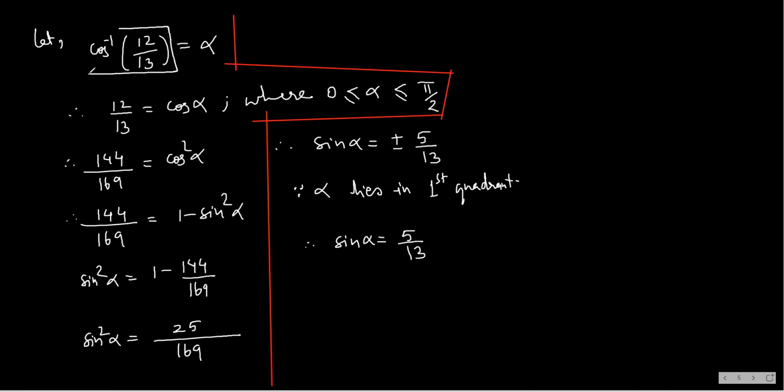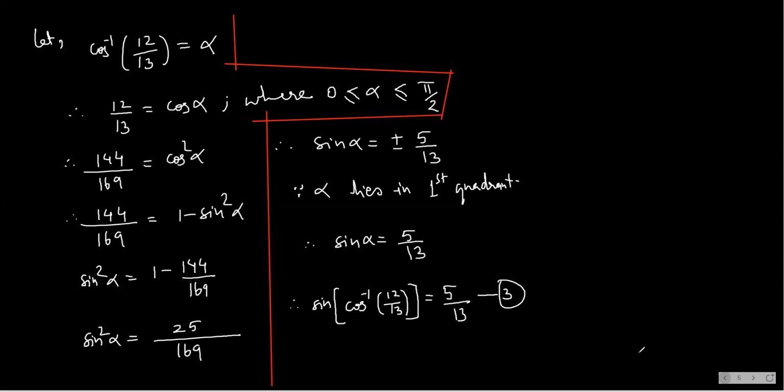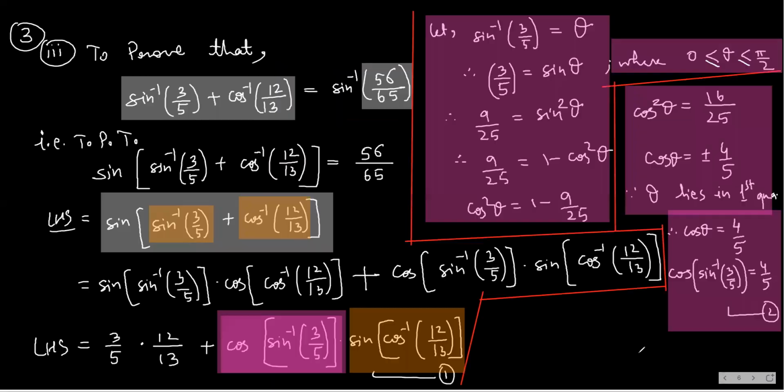It was this which you had assumed for alpha. So you will substitute it. Therefore sine of cos inverse 12 by 13 is 5 over 13. This is number 3. Now I can write using 2 and 3 in 1.